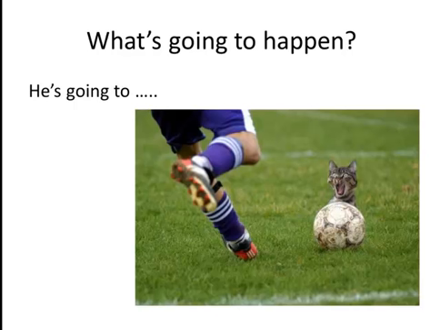So looking at predictions with evidence here, for example, you could get them to suggest what's going to happen. He's going to kick the cat, or maybe the cat's going to scratch him, or whatever else. So this kind of thing is really nice. And again, there's lots of repetition of this same structure.